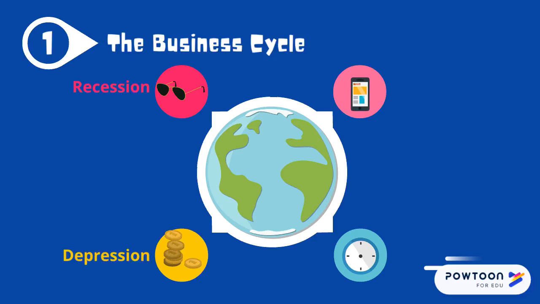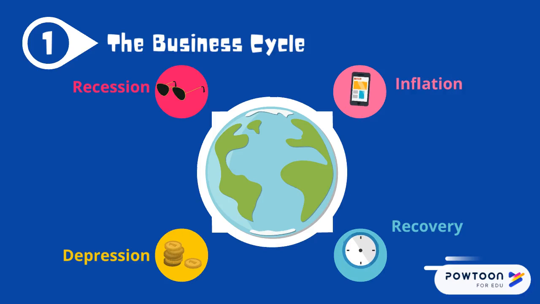Depression is a phase marked by a prolonged period of high unemployment, weak consumer sales, and business failures. Recovery is the phase in which unemployment begins to decrease, demand for goods and services increases, and GDP begins to rise again. A problem with which most nations have to cope is inflation. Inflation is an increase in the general level of prices.